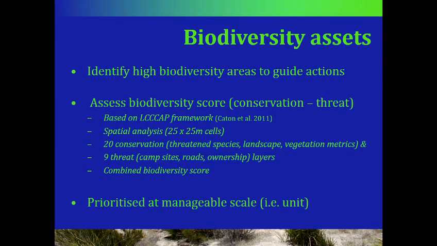The conservation criteria were threatened species records, the type of landscape it was, the size of vegetation patches, and various metrics to do with the shape and nativeness, I guess, of those patches.